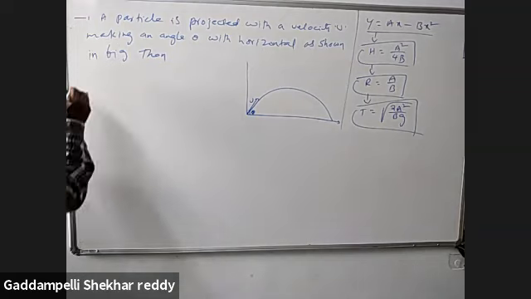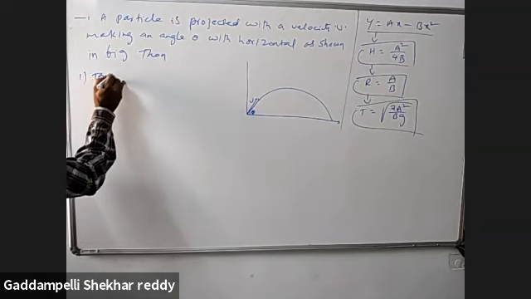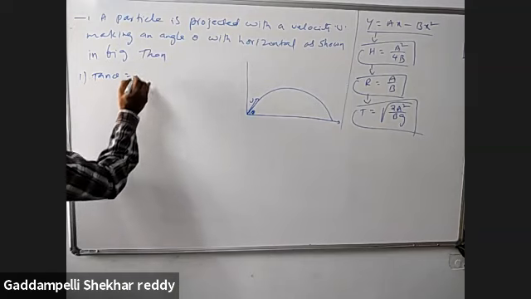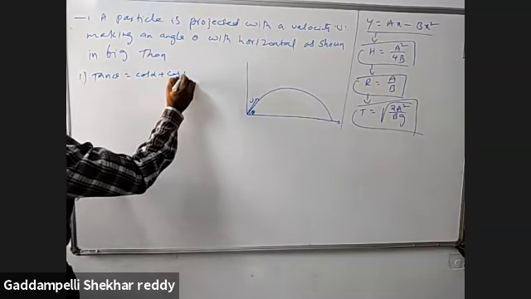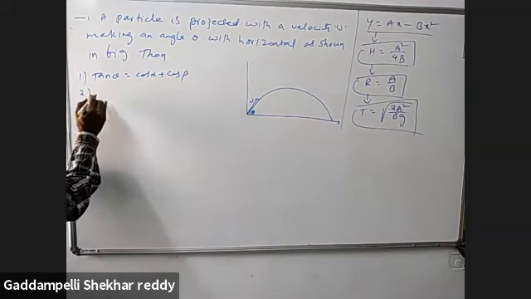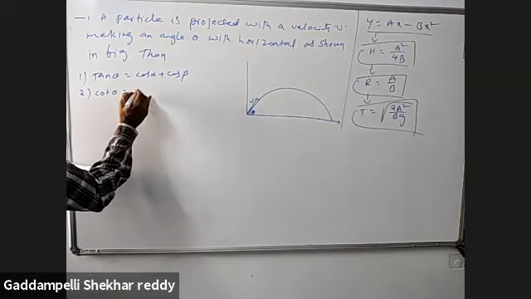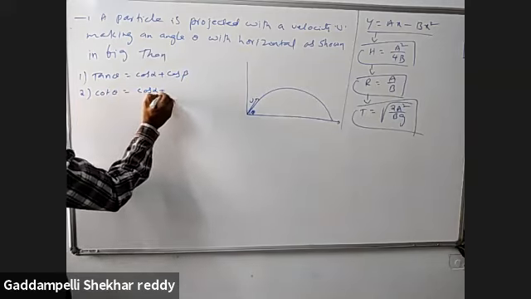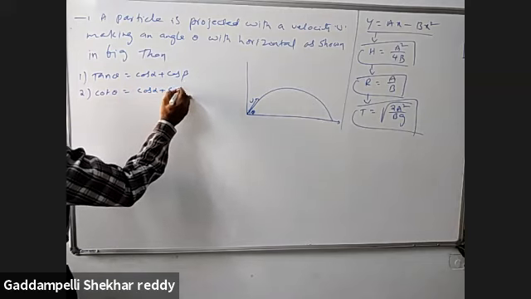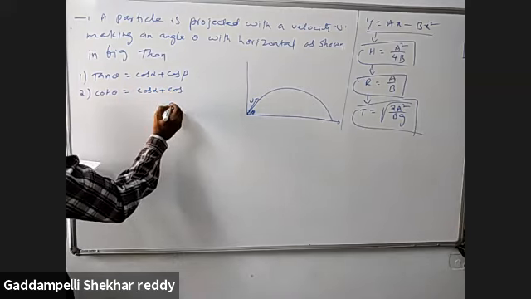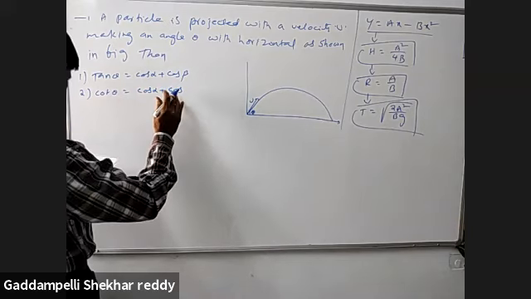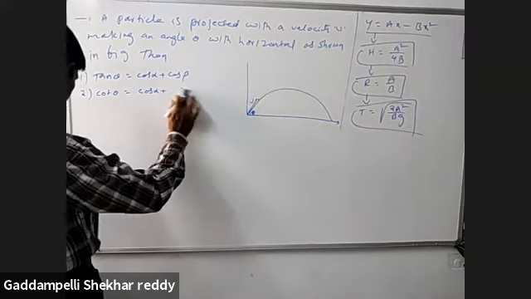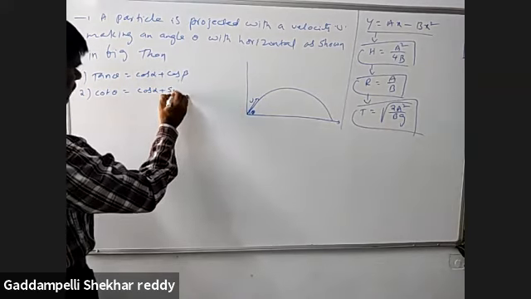So the answers are given. First one, tan theta is equal to cos alpha plus cos beta. Second one, cot theta is equal to cos alpha plus sin alpha.